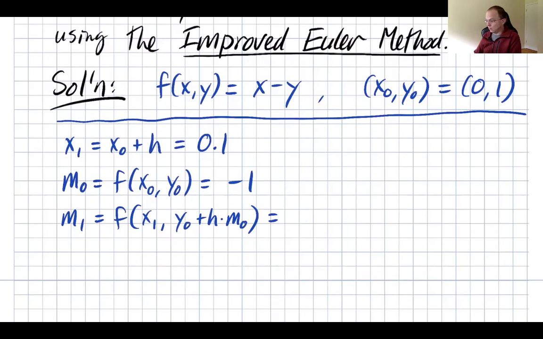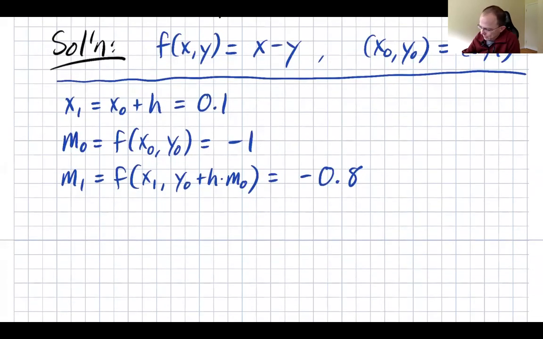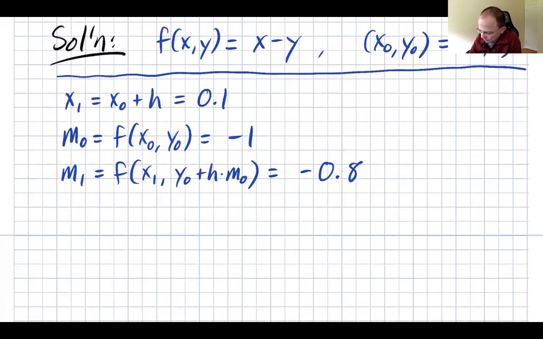Okay, negative 0.8. Perfect. So this is telling us we should correct this negative 1 and instead take the average of these two values, and that will give us a much better slope value.